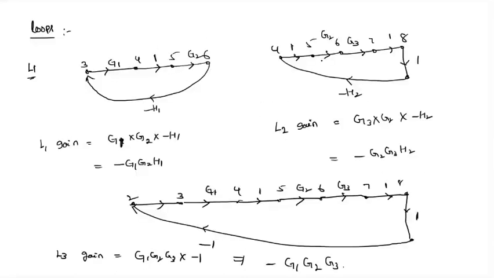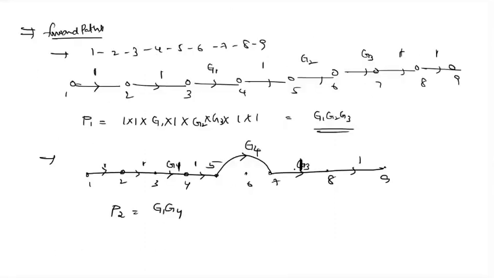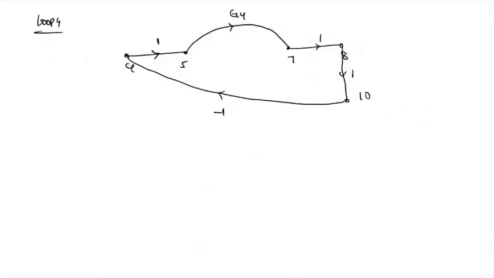Then 5 to 7 is G4. 7 to 8 is 1 only. 8 to 10 is 1. Then 10 to 4 is not 1, it's minus H2. So the gain of loop 4, L4, is G4 into minus H2. Finally we get minus G4 H2, right?